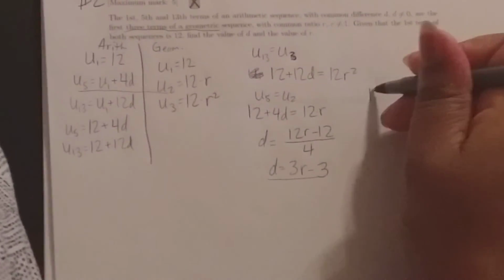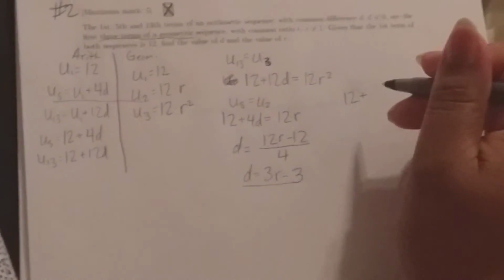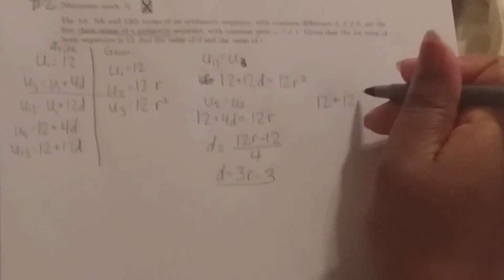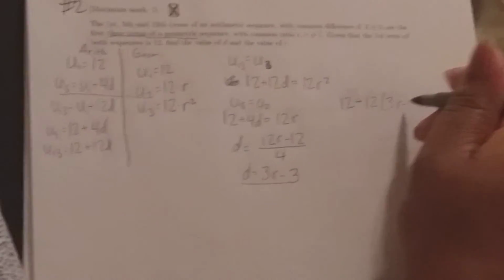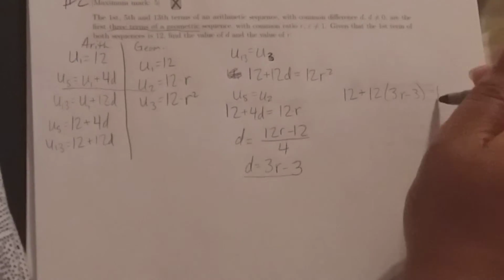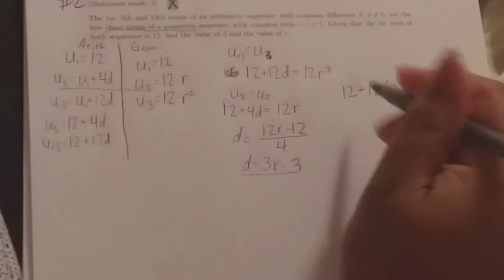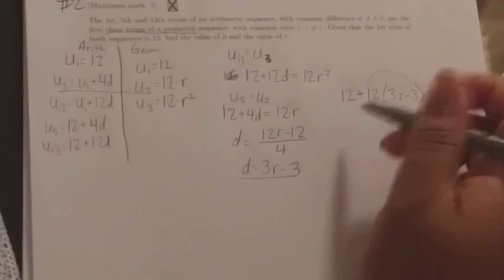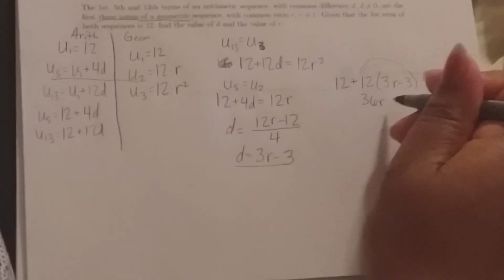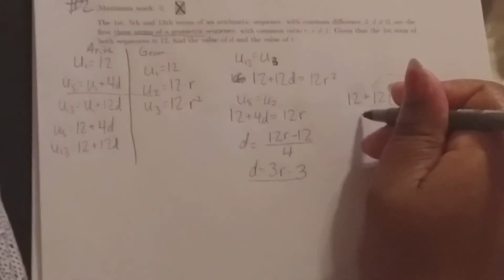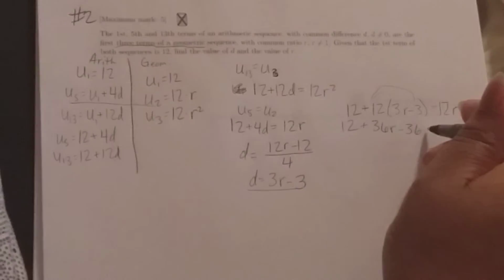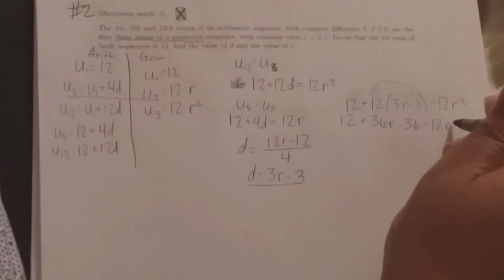So we have 12 plus 12 times d, using 3r minus 3, equal to 12r squared. We distribute: that's 36r minus 36, bring down the plus 12, equal to 12r squared.